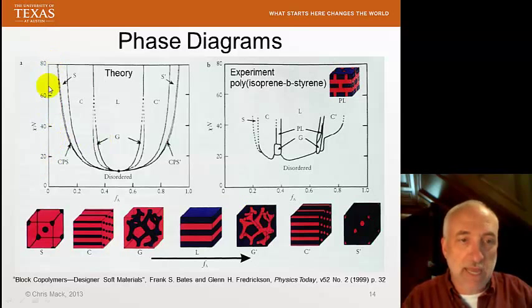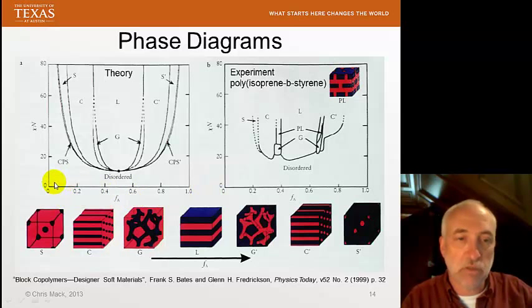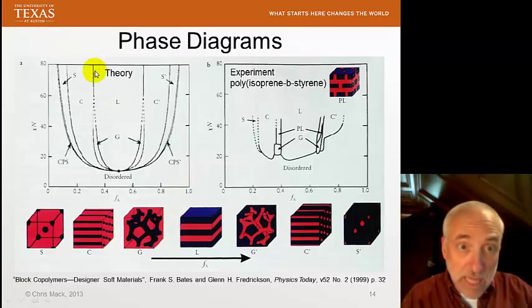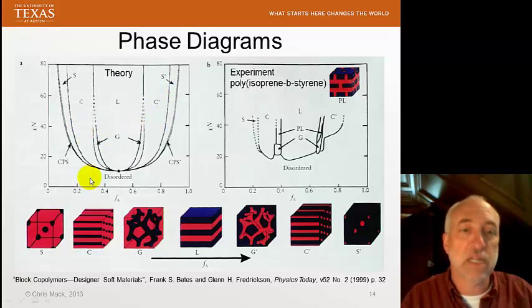Here I have chi-N, where I've made it bigger by making N larger and larger. And then I have FA, where I changed the fraction of A versus the fraction of B. So this is pure B on this side, and here's pure A on the right. And then I plot the boundaries between different phases, that is, different organizations that happen.